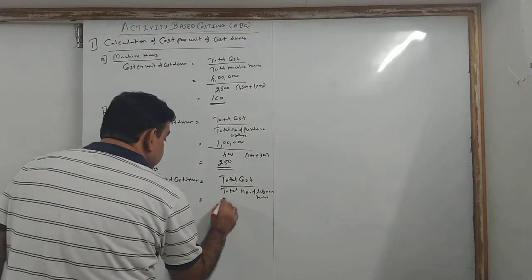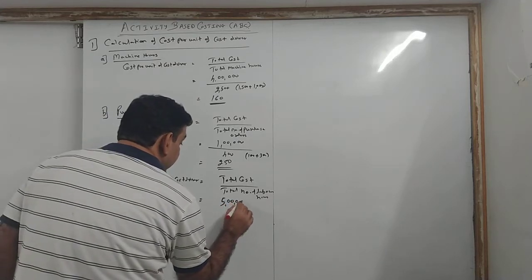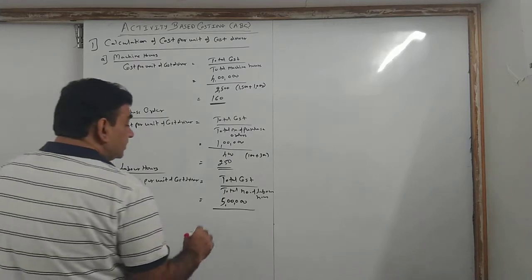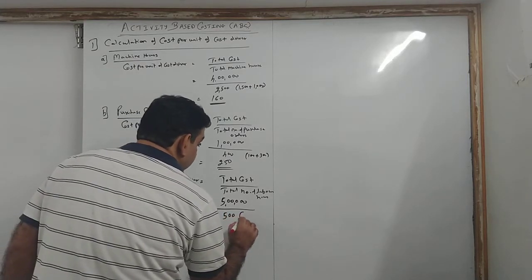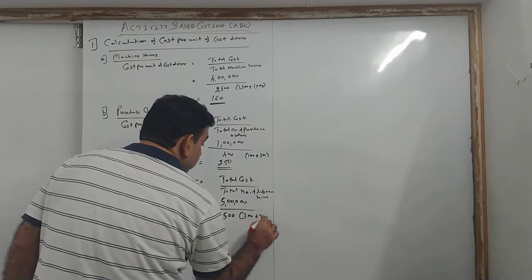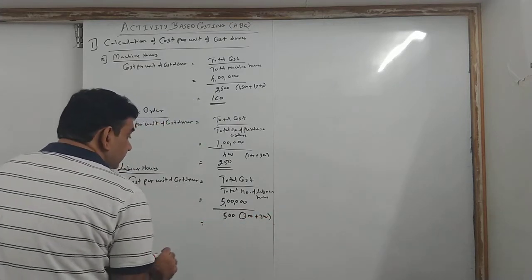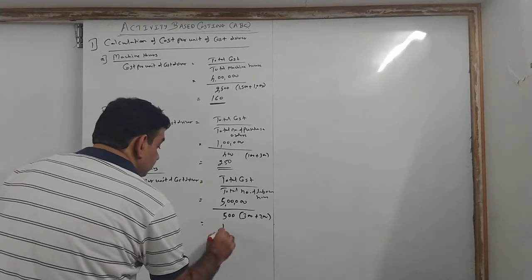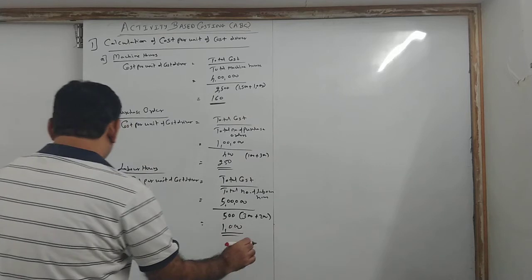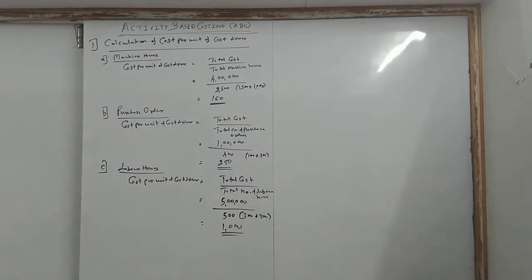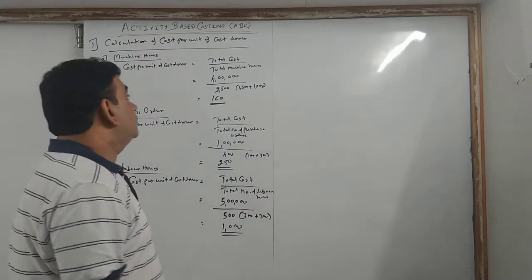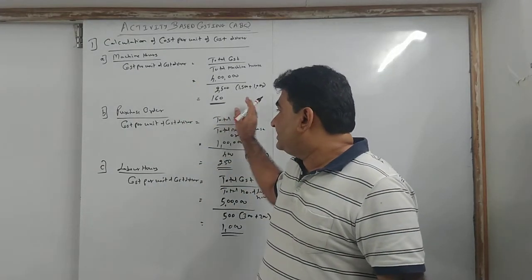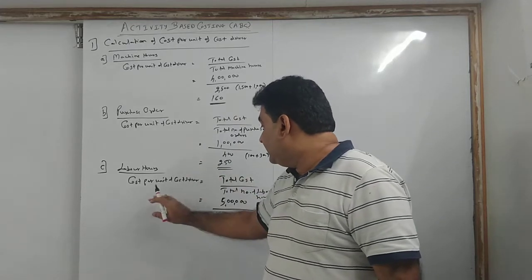My total cost is 5 lakh upon 300 plus 200, that is 500. So 500 divided, that means I get 1000. Getting it? So I get my cost per driver: machine hours 160, purchase order 250, labor hours 1000.